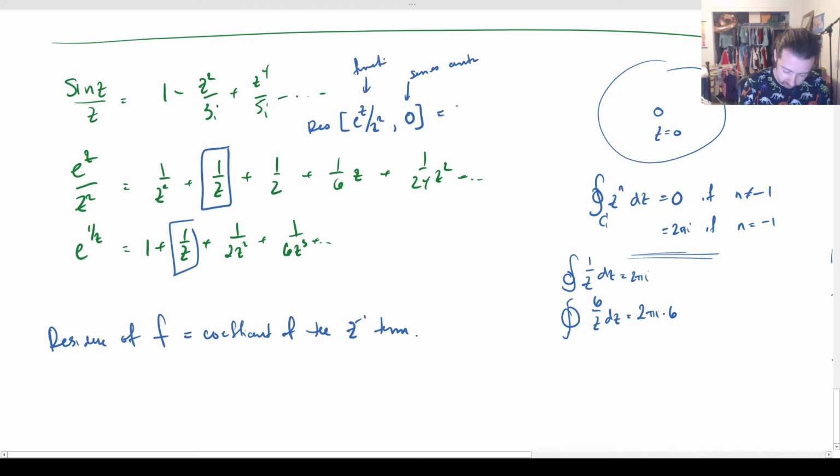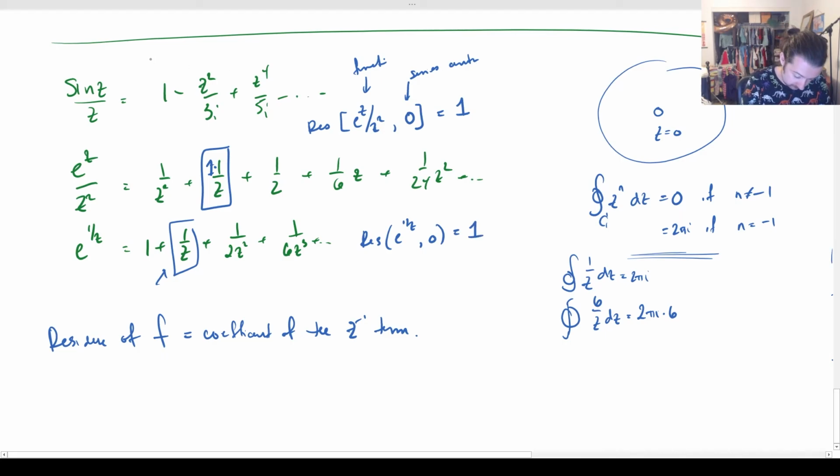That residue is equal to 1, because this is 1 times 1 over z. Likewise, the residue here is 1. So the residue of e to the 1 over z for the series centered at 0 is also 1.